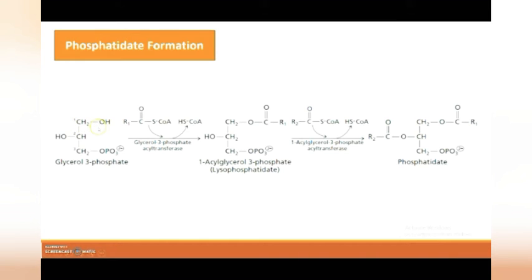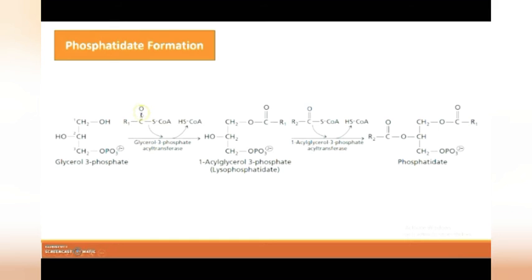In C number 1 and C number 2, the functional group is hydroxy. But if we want to make a glycerophospholipid, in C number 1 and C number 2 the functional group is ester. So glycerol 3-phosphate acyltransferase will catalyze the esterification in C number 1 to form 1-acylglycerol 3-phosphate.